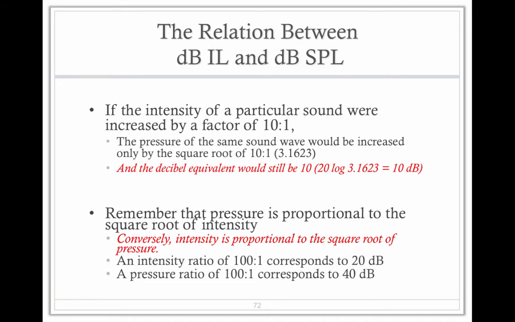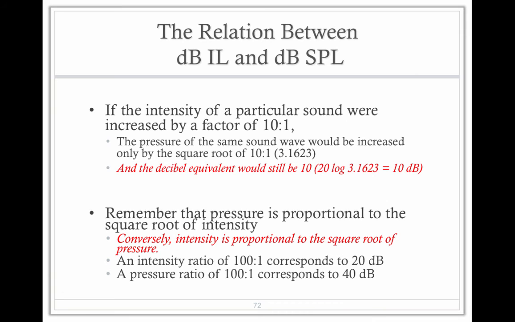So to conclude, the relationship between dB IL and dB SPL. If the intensity of a particular sound were increased by a factor of 10 to 1, the pressure of the sound wave would increase by only the square root of 10 to 1. And the decibel equivalent would still be 10 times 20 log 3.123, which equals 10 decibels.